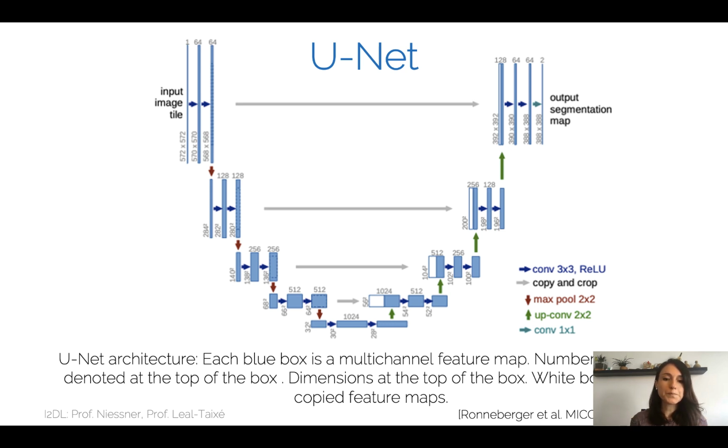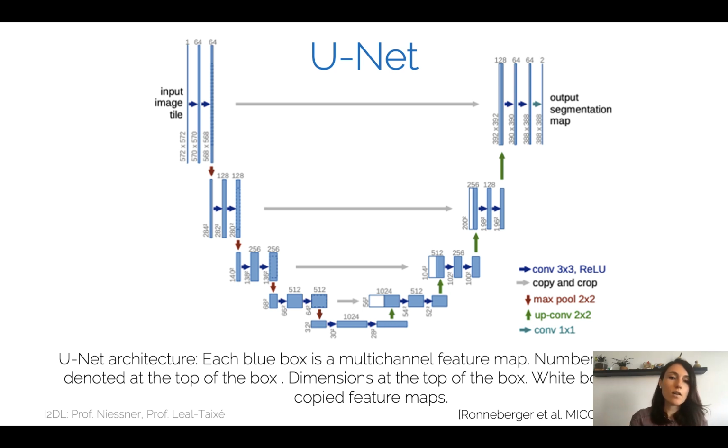What does it mean? On the left side of this U shape, starting from this representation and going all the way down, we have the classic convolutional neural network architecture, which revolves around a series of convolutional filters plus pooling operations. So feature extraction plus feature selection.